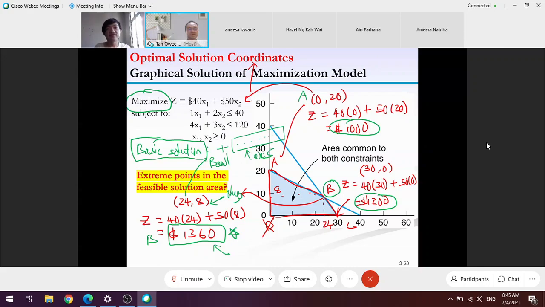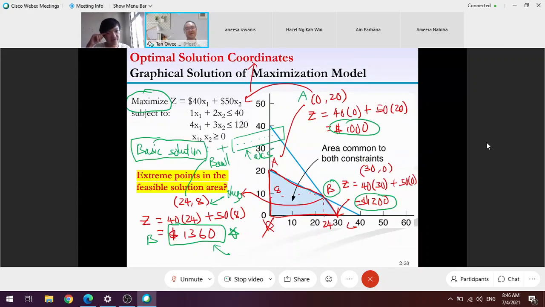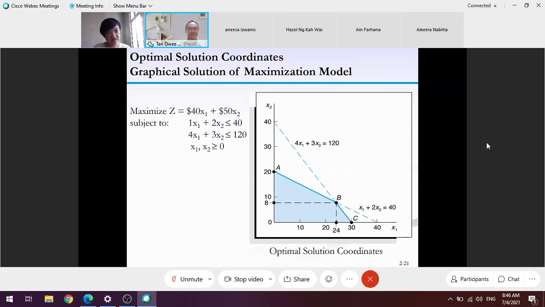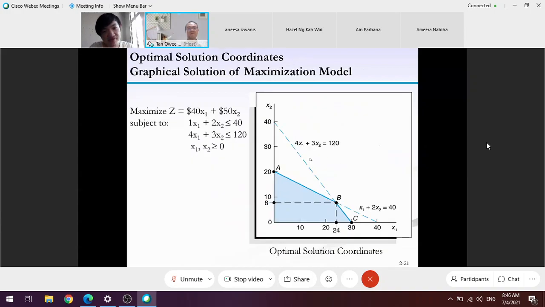So we've done maximization, but I haven't shown all the slides. I discussed that earlier. So for the optimal solution, you have to find the 3 points. This method we call the coordinate method. You find the solution of Z. Number one, you identify the extreme points.